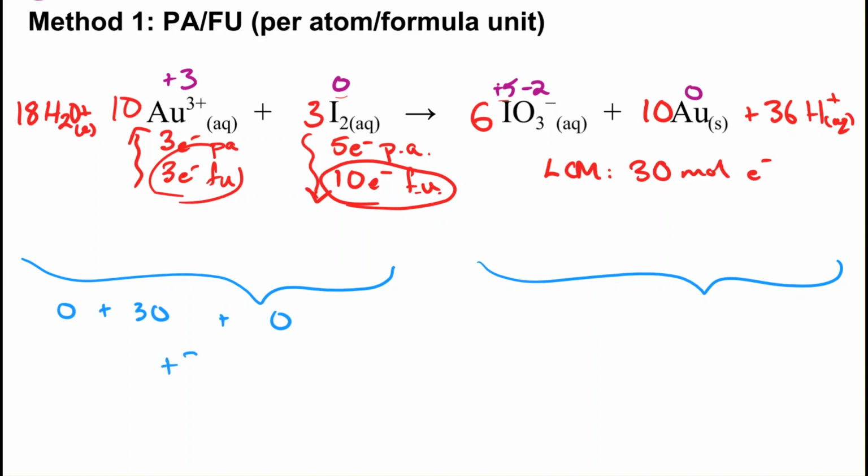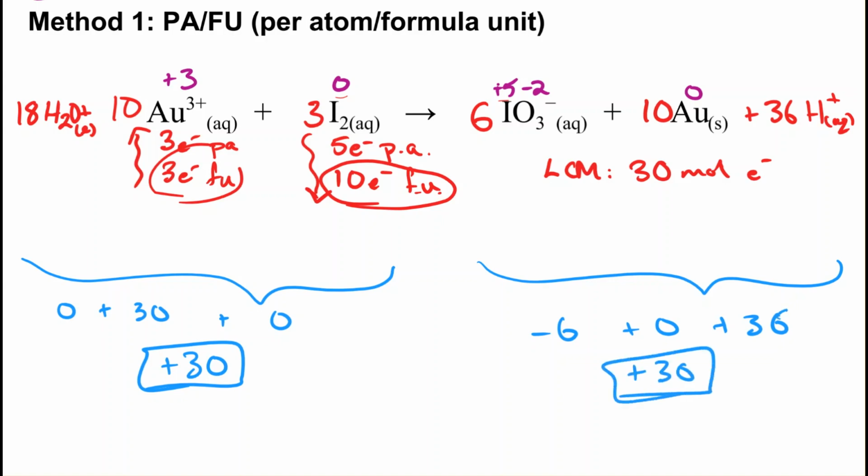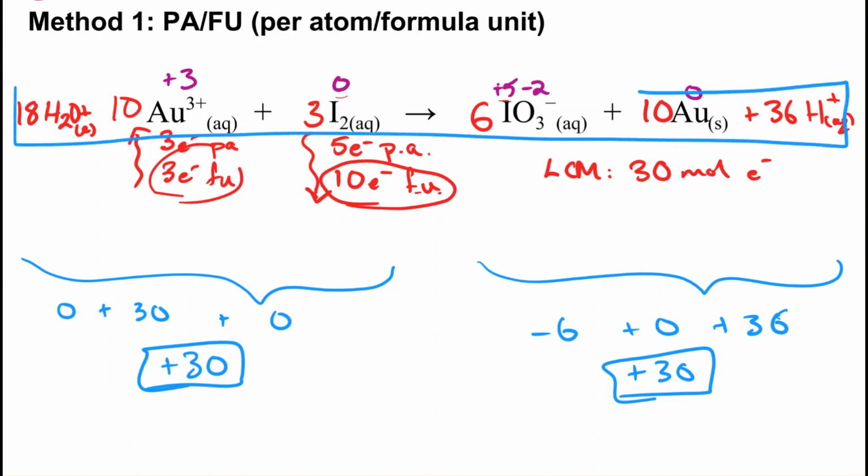So that means that there's positive 30 on the left-hand side. 6 times negative 1 is negative 6. 10 times 0 is 0. 36 times positive 1 is plus 36. That adds up to be positive 30. Yes, this is our balanced, complete reaction.